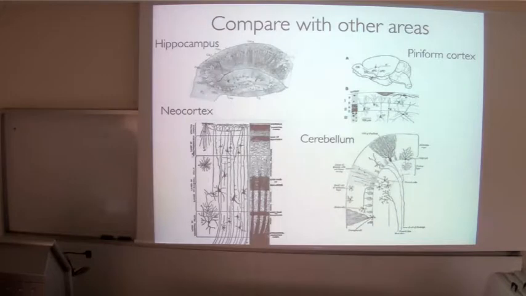So this is like 3 stages. Here you have dentate gyrus, CA3, CA1, and here you have granular cells, Purkinje cells, out. The Purkinje cells don't talk so much to each other, and the granular cells don't talk so much to each other. So this is almost a purely feed-forward network.